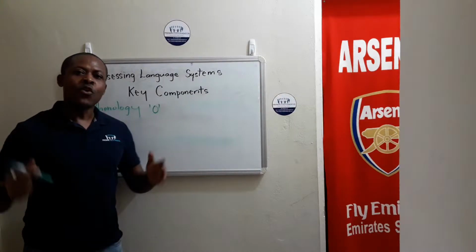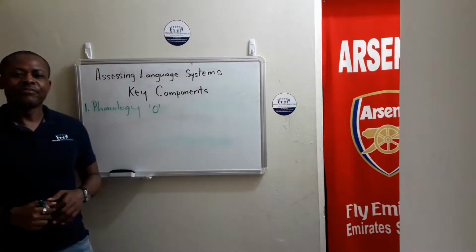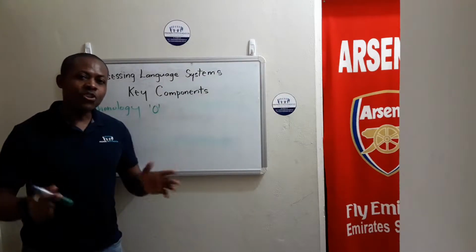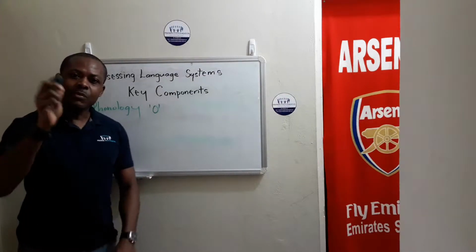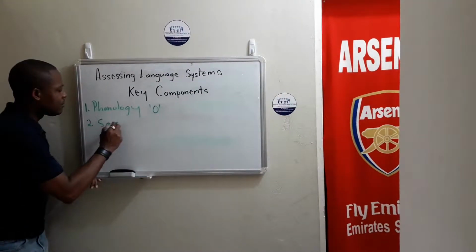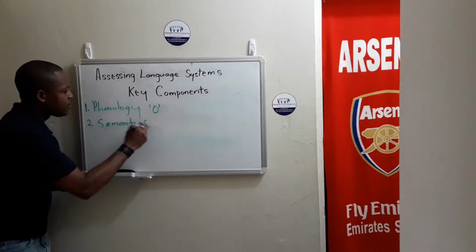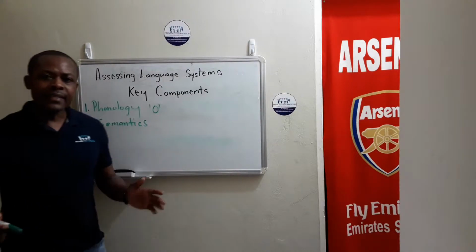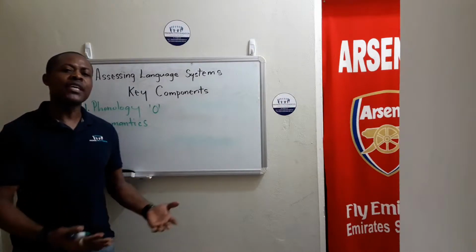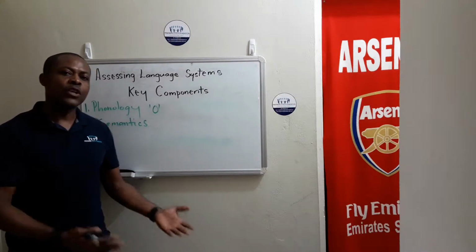Now, Lavine, what's the next area? Semantics, the meaning of symbols. Now, semantics is crucial in any language. Let me make a note of that word. Semantics simply speaks to the meanings we associate to the symbols in a language.